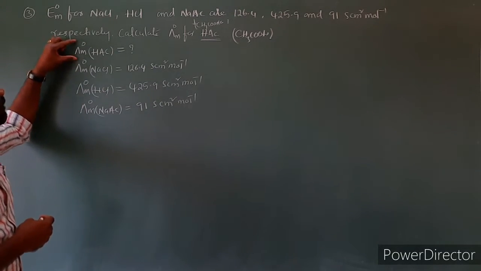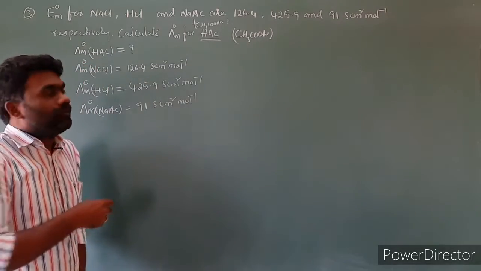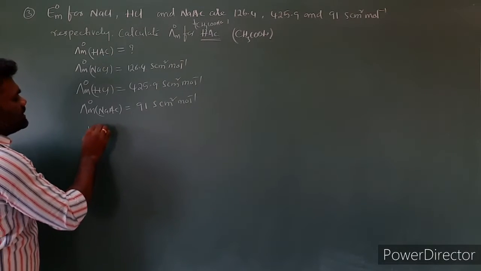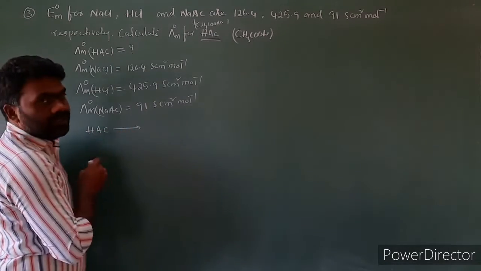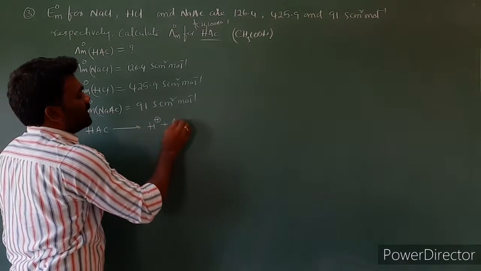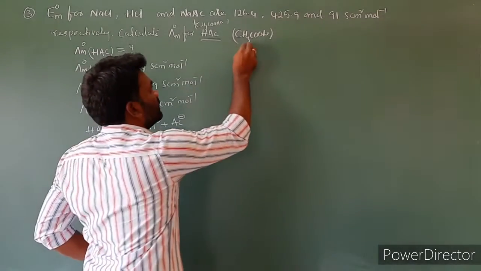We have to calculate lambda m naught HAc. For this case, first we have to write a representation of limiting molar conductivity. So HAc I am taking. First we have to write the HAc dissociation. Dissociation into H plus plus Ac minus, nothing but CH3COO minus and H plus. How will it be dissociated?